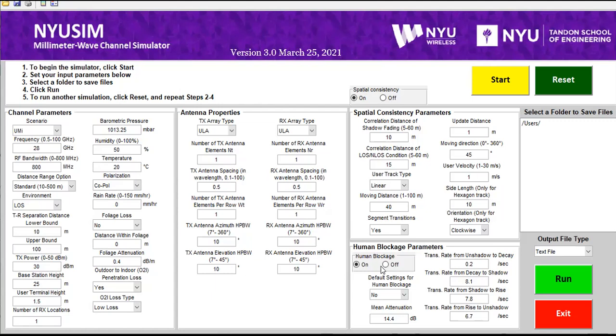In both uplink and downlink, it's actually a blockage by yourself. So you can set it. There is also a rain attenuation setting here. As you increase the rain rate, of course, this attenuation will increase.